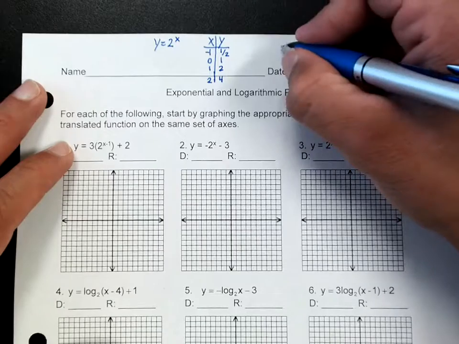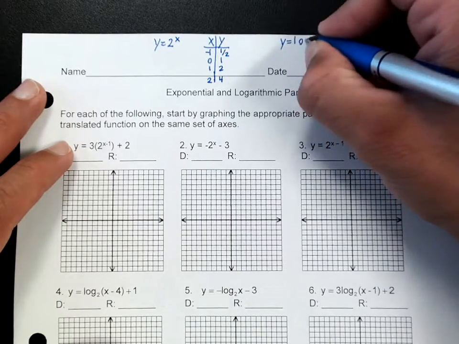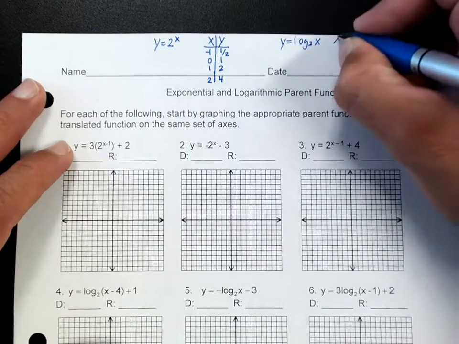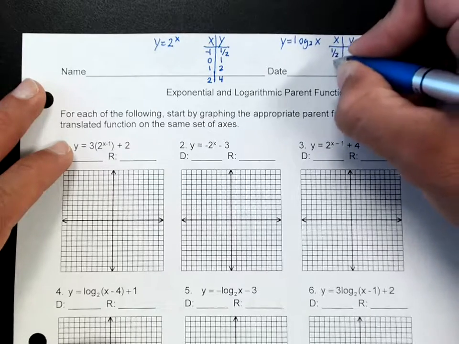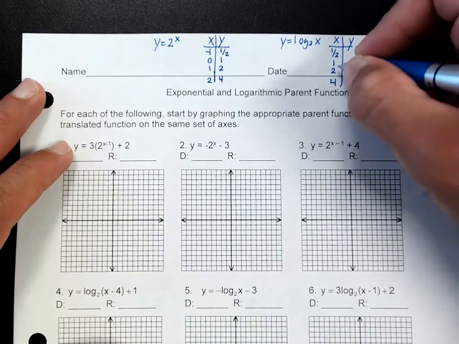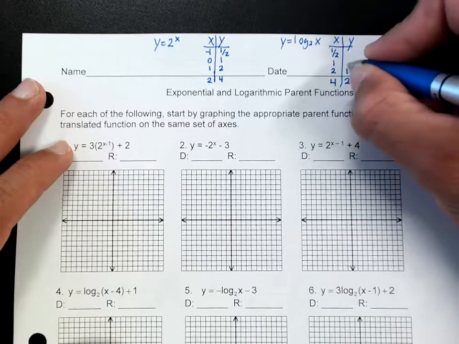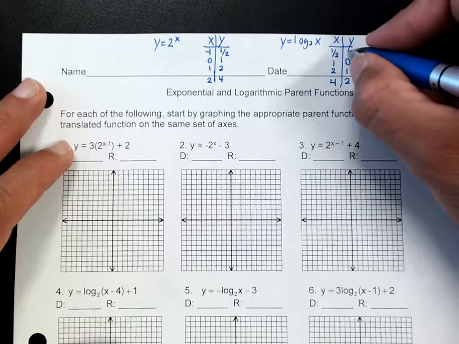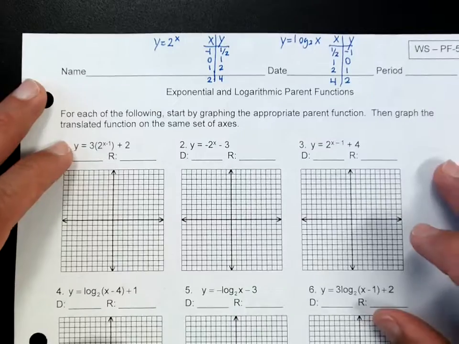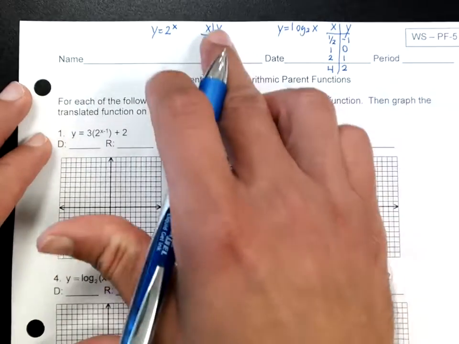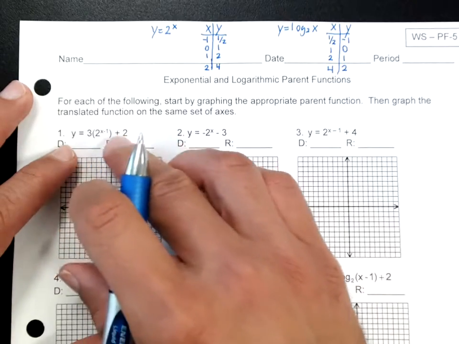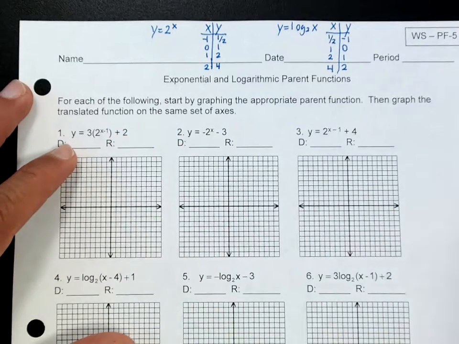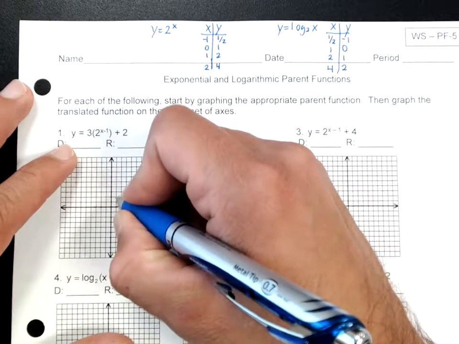And I guess I'll write the ones for the logarithm also. Okay, so I'm going to write those two so I remember, but for this one I need that one, alright? So remember that this one right here, I'm going to shift to the right 1 up 2. So to the right 1 up 2 is right here.